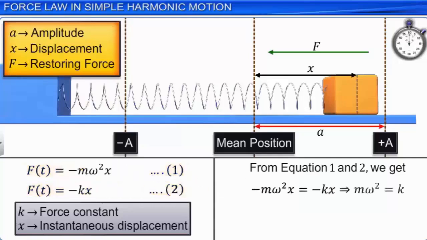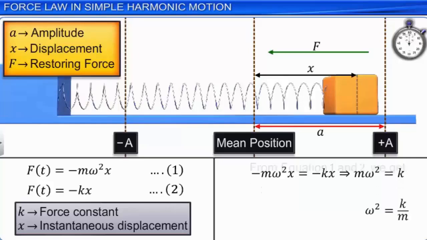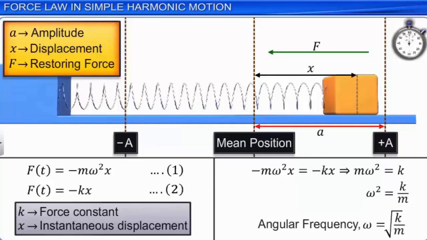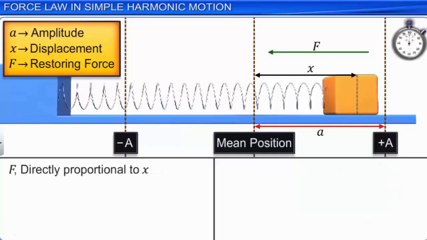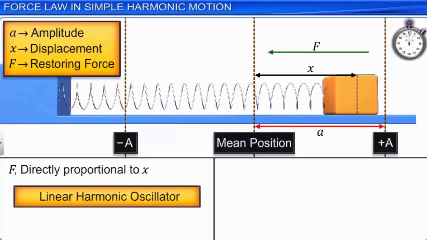Hence, angular frequency omega is equal to the square root of k by m. Thus, if the force is directly proportional to displacement, it is called a linear harmonic oscillator. On the other hand, if the force depends on displacement but is not directly proportional to displacement, it is called a non-linear harmonic oscillator.